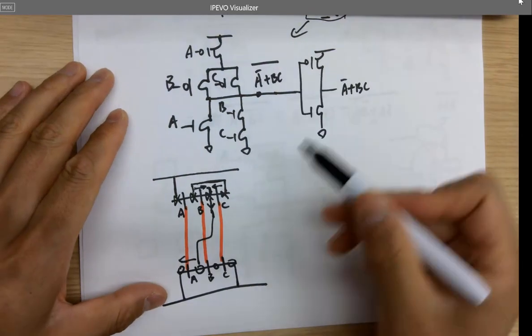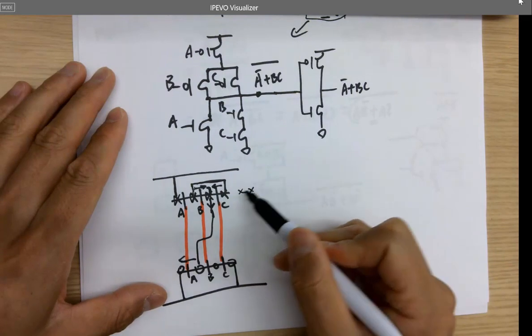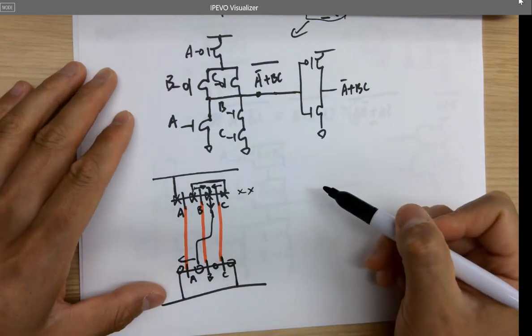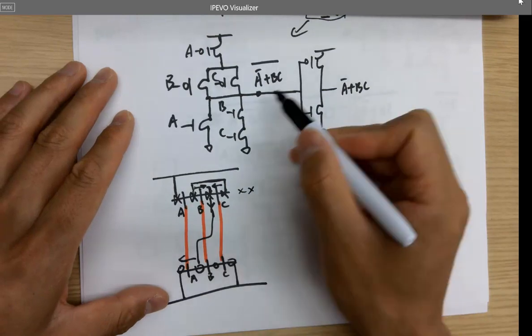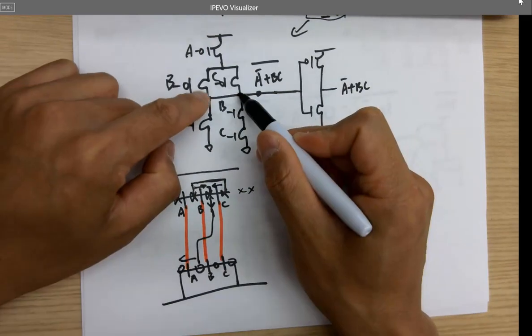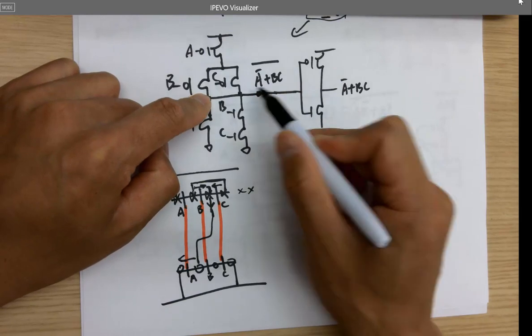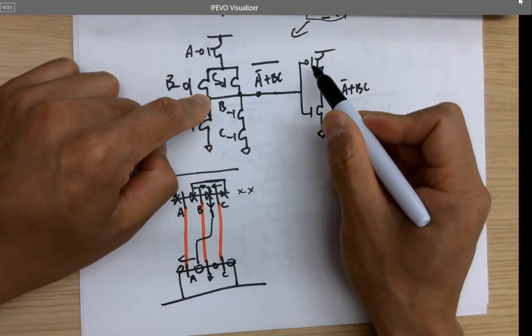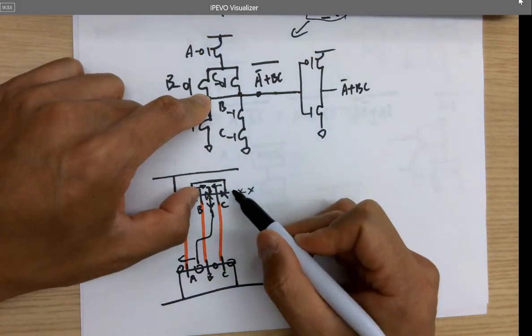So is there a way that I just add an inverter here and then just use one stick? It can be very difficult because the drain of this PMOS is connected to the gate. So they are not sharing any diffusion, or the P plus.